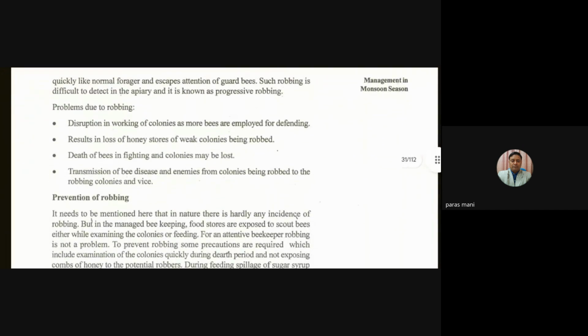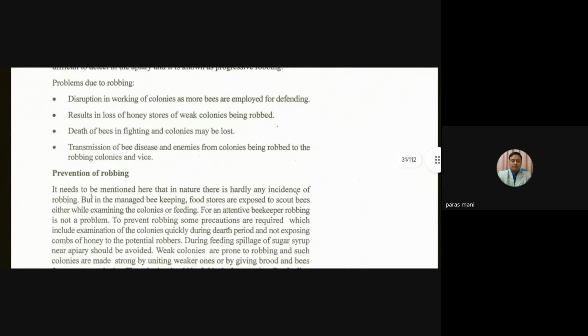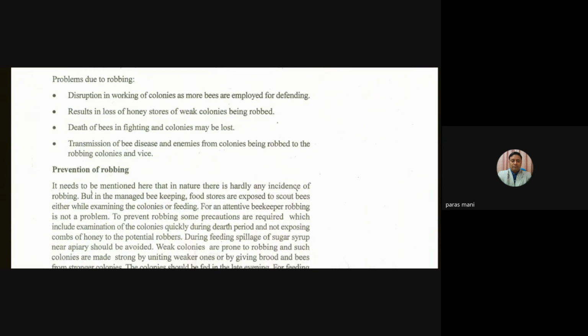The same robbing is discussed here. The problems due to robbing: disruption in working of colonies, as more bees are employed for defending. During foraging, most of the bees will spend their energy for defending, and the foraging activity is disrupted.